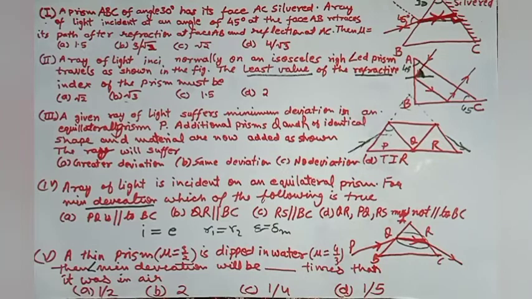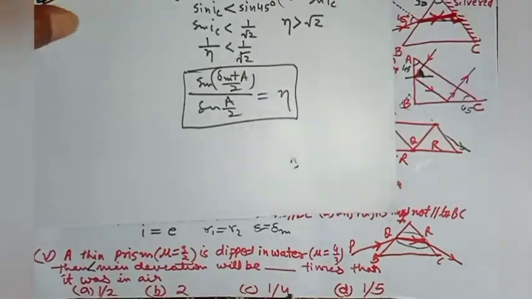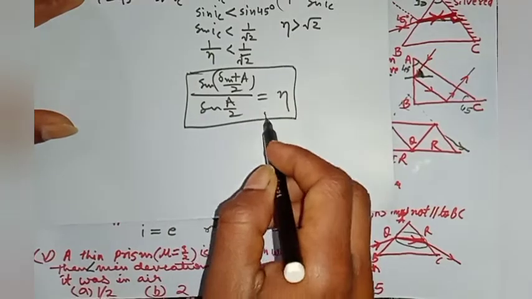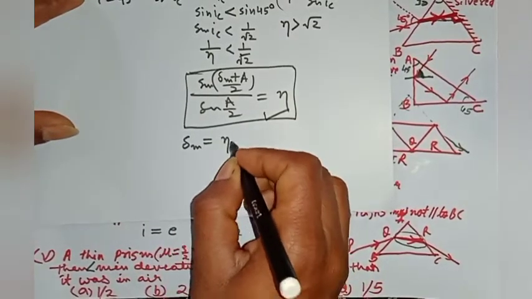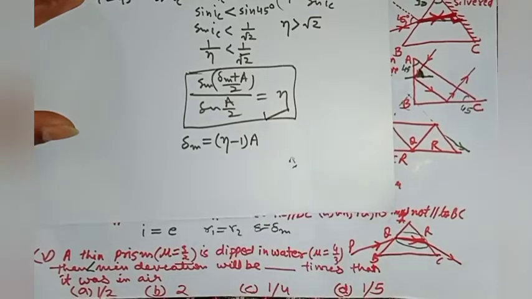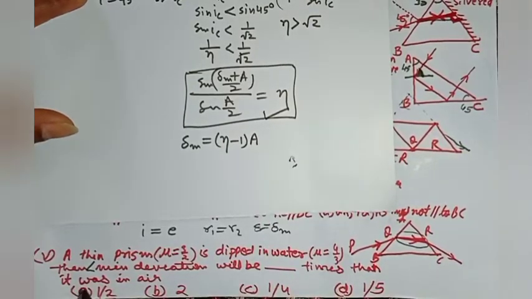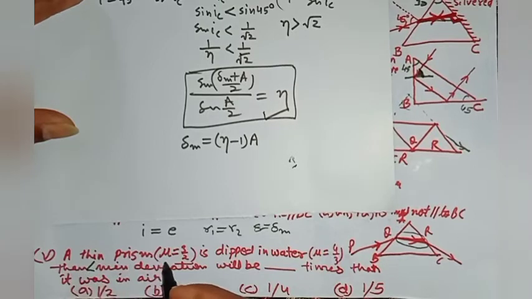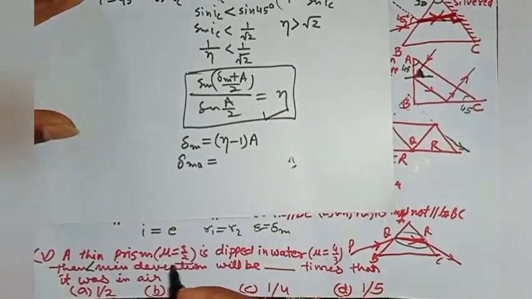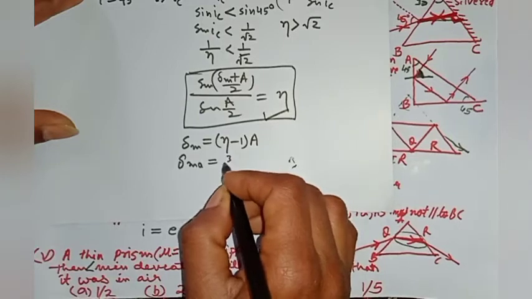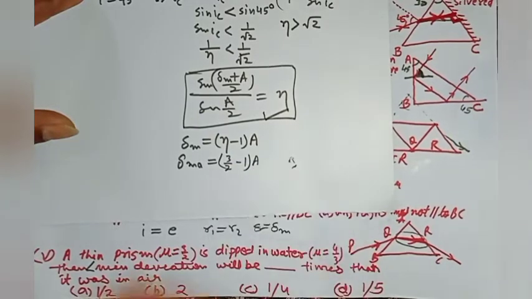So it is a direct question, and again it is about minimum deviation, but we are not going to use the earlier formula. For a thin prism, we have delta m equal to eta minus 1 times A. And there are two conditions. In one, there was a thin prism in air. So delta m for air is equal to, at that time we take the refractive index of this as 3 by 2, minus 1, multiplied by A.